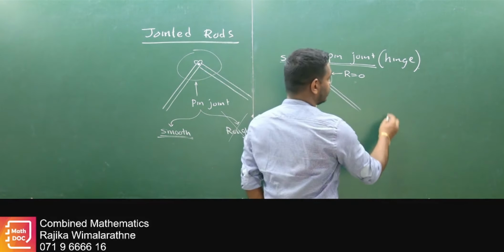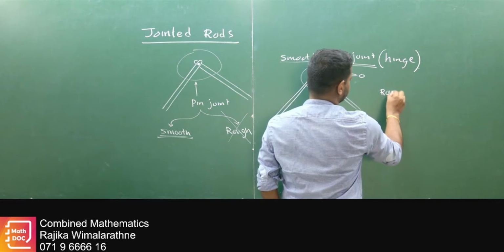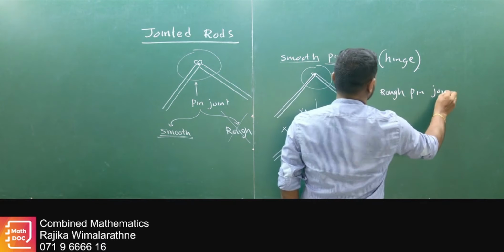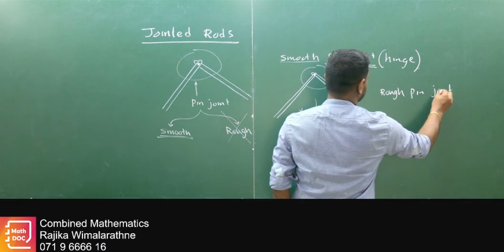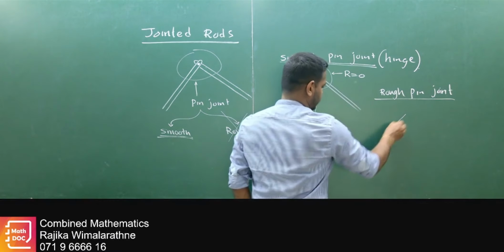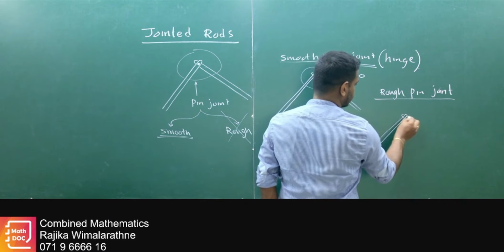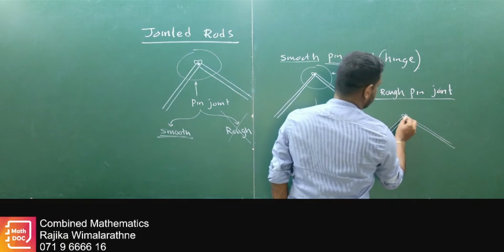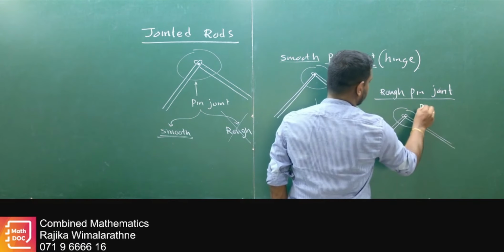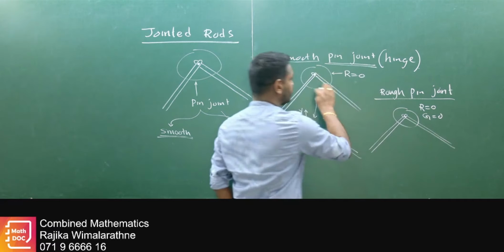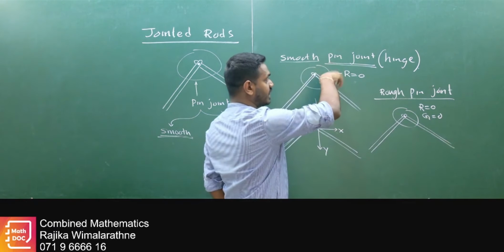So if you consider a rough pin joint, don't worry about this part. But anyway, here we can separate the pin. Anyhow, total reaction 0, total moment 0. Here don't worry about the moment part, about that hinge.